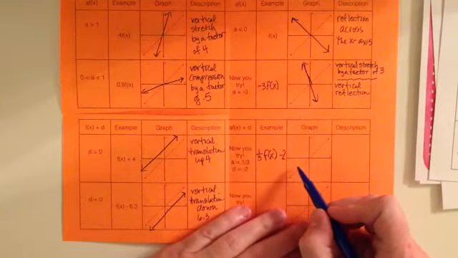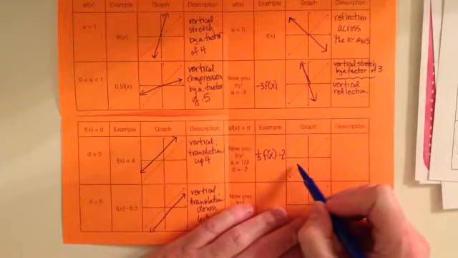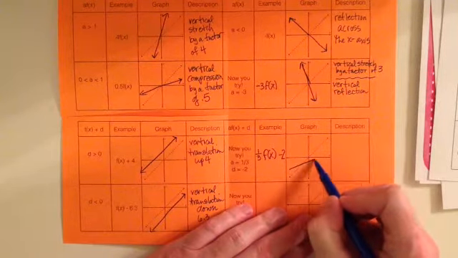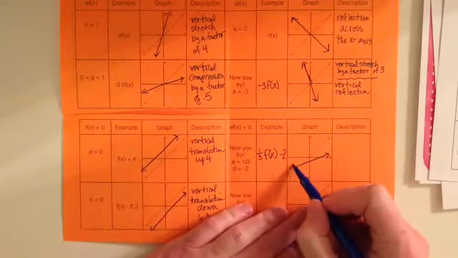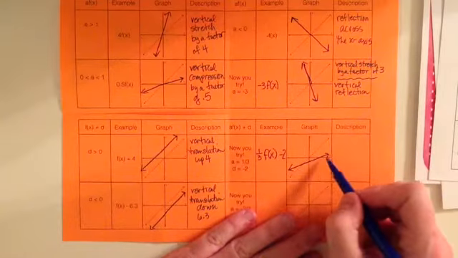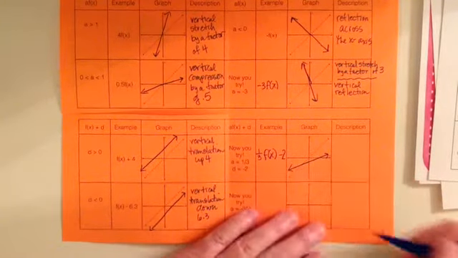So it's going to look something like this. I compressed it, so I got it closer to the x-axis, and then I moved it down 2 spaces.